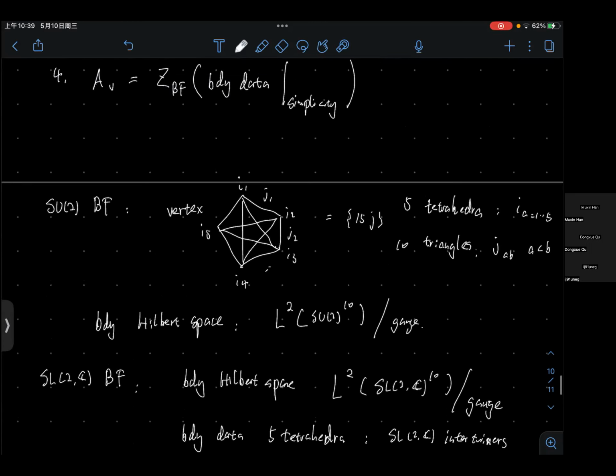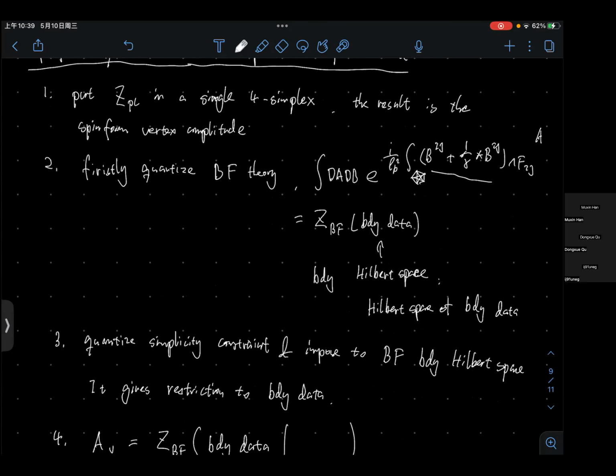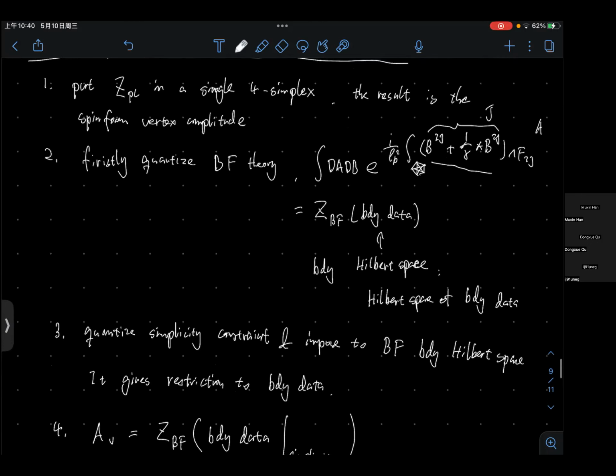You have gauge connections A, and as I said earlier, the conjugate variable of this gauge connection is this J variable, which is twisted B. So J and A are canonically conjugate variables. You quantize A as holonomies, as already happens in BF theory, and J is quantized as a flux operator, which is just the right invariant vector field acting on the holonomy. So they are just right invariant vector fields on SL2C.